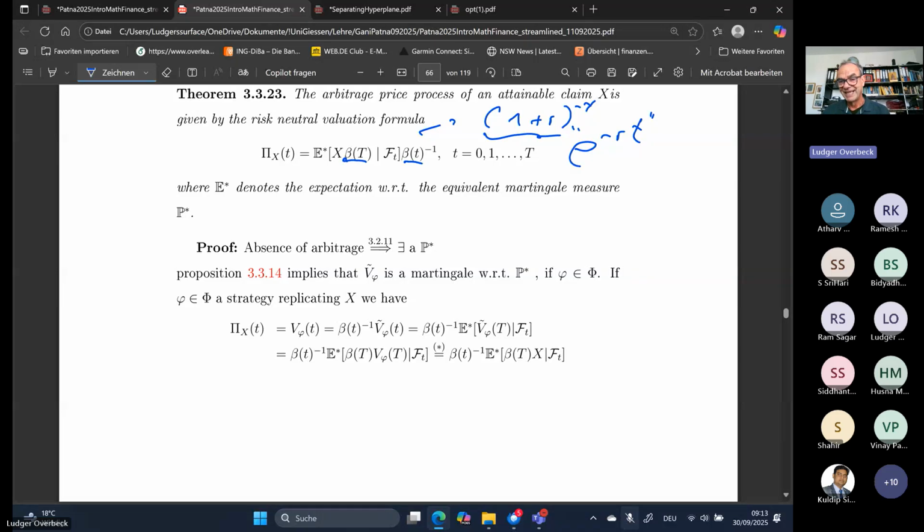The problem is, if it is replicable, that's the only one. If it's not replicable, you're running into problems because there might be different martingale measures.